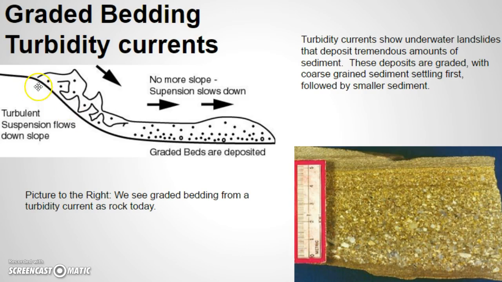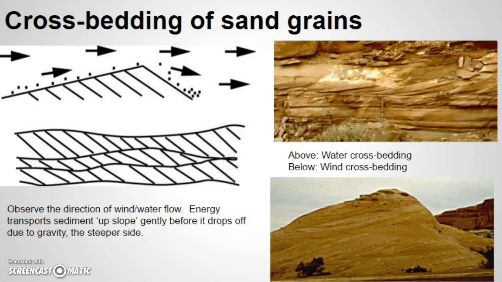So here's what happens. You can have sediment that is building up from long-term deposit. It becomes unstable. The suspension then flows down slope. It literally is a large-scale landslide. And the largest sediments deposit out first. And over time, the smaller, finer sands and silts and clays settle on top of it. And this is another example of graded bedding.